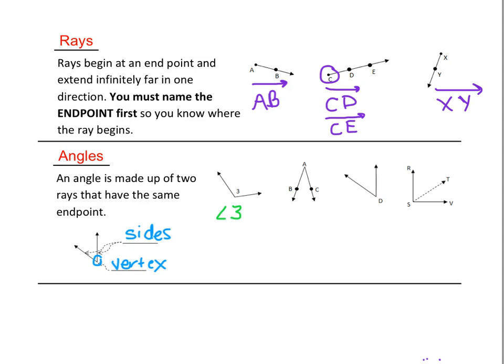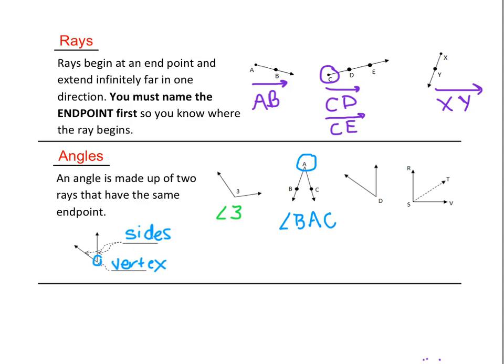Our next one has a little bit more information because we do have 3 points. That would be the best way to name an angle if you can. So if you have that much information, let's use all that information. The only thing when you're using 3 points is the vertex has to be the middle point in your label. So we have angle, we could say B, A, C. Kind of goes in order around the angle.